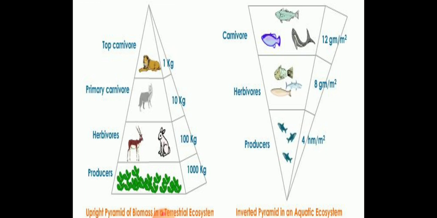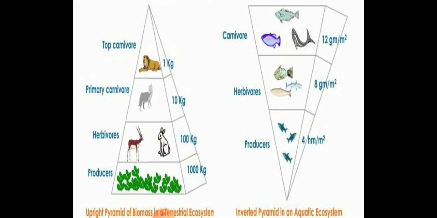Usually the biomass is represented in kgs, so the producers may be 1000 kgs. Herbivores, if you count their biomass, may be 100 kgs. Primary carnivores 10 kgs, and top carnivores 1 kg.